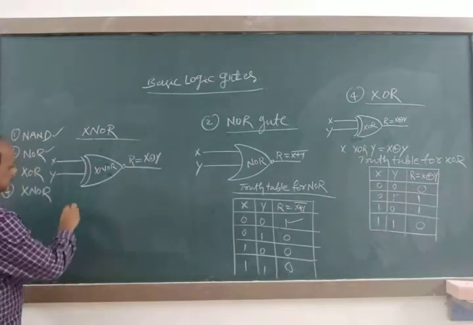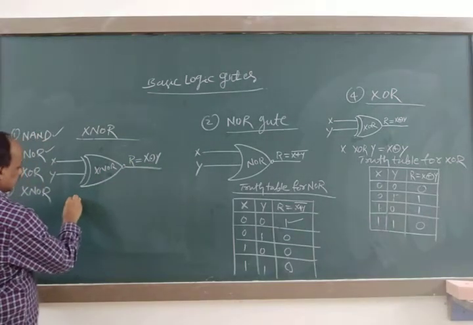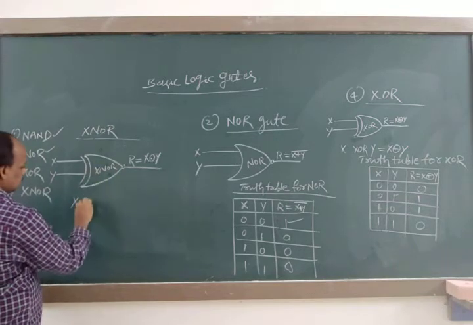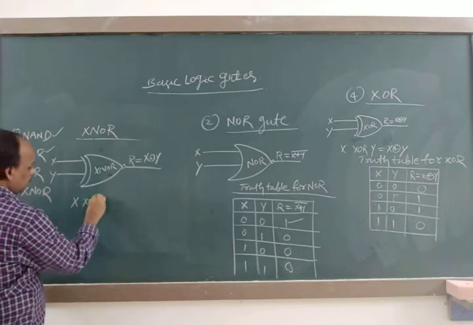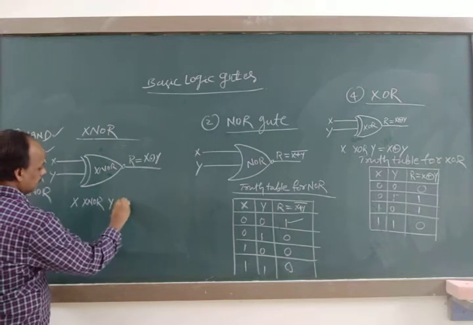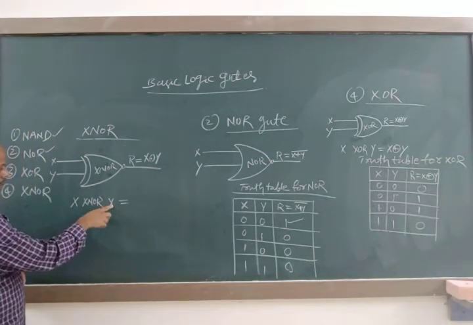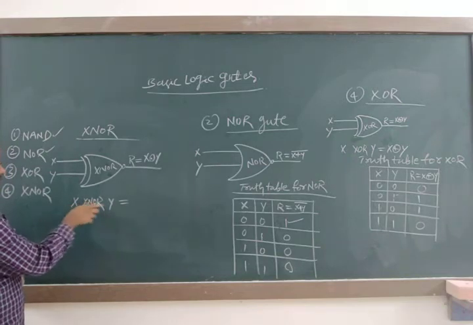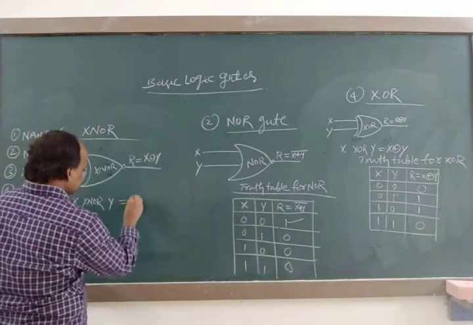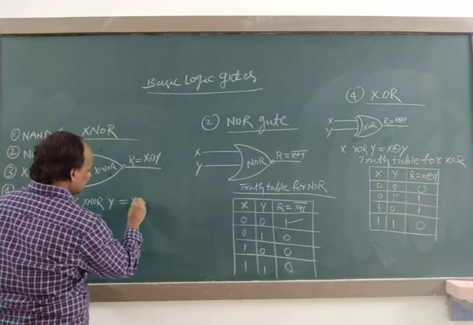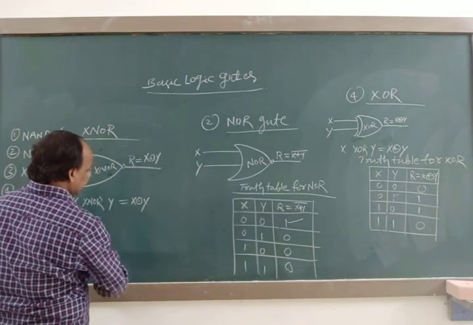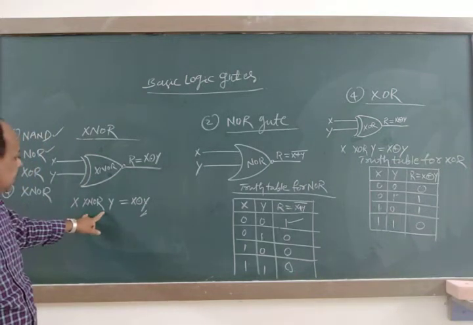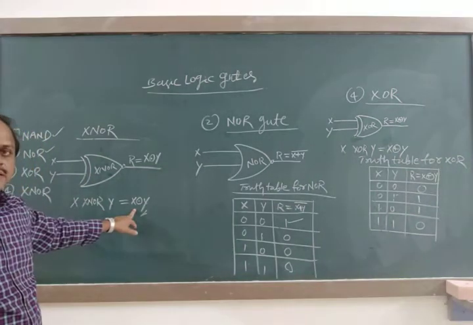So this can be represented as: when X and Y undergo the XNOR operation, we get X dot over circle Y. XNOR gate can be summarized like this.